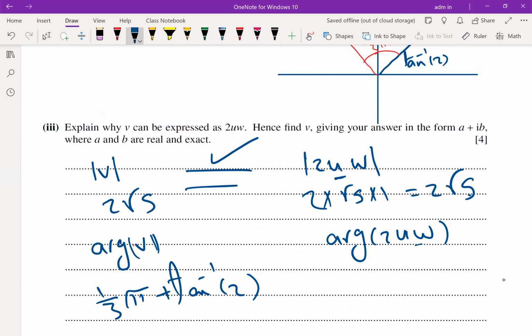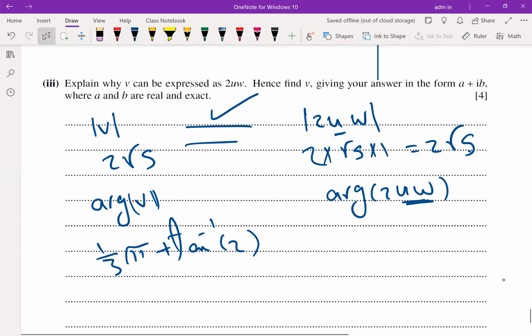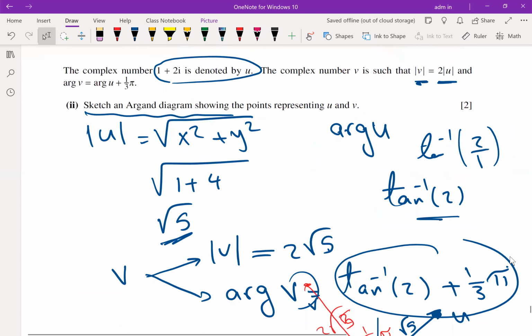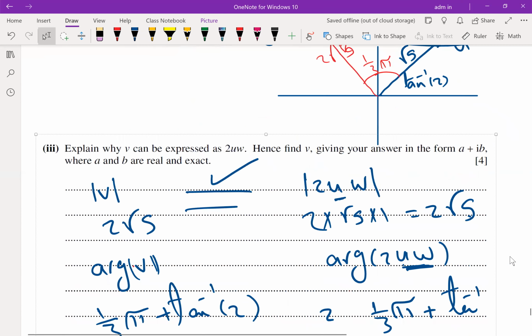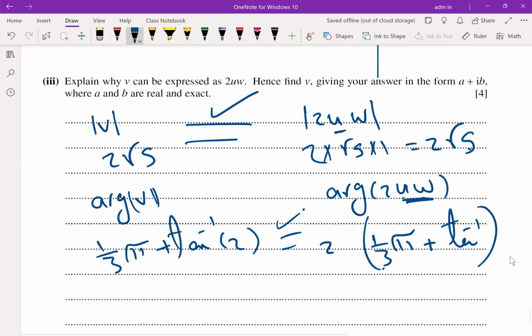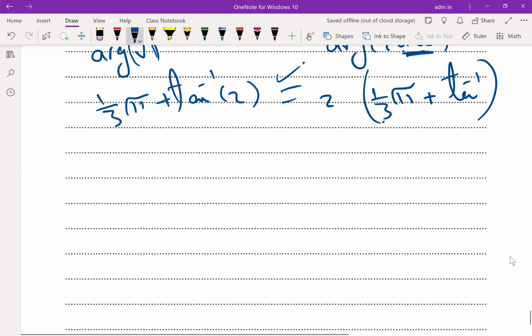If you remember, for multiplication, we add the arguments. Sorry, for W it's π/3, and for U it's given, tan minus 1 of 2. So it's the same. Both are equal.